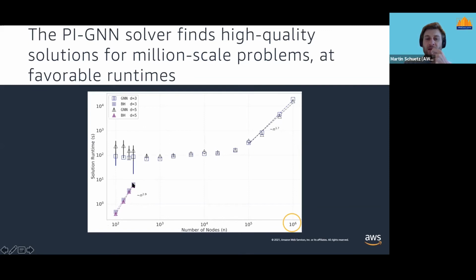So if you extrapolate that and continue this line, you see that very quickly you run out of steam, and you cannot solve problems with millions of variables using these traditional techniques, simply because this would not complete in any reasonable runtime.